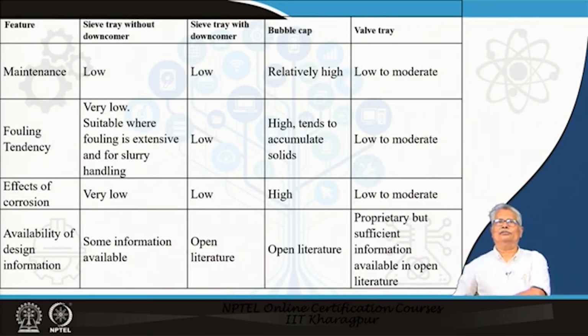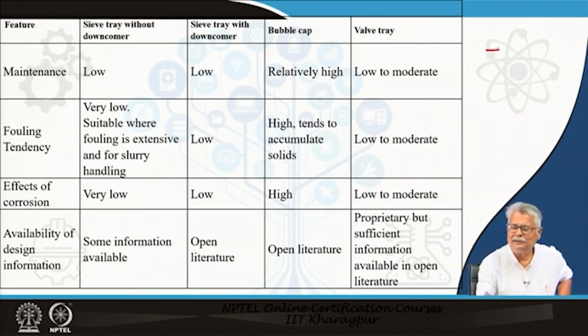Regarding maintenance, obviously the bubble cap has more components, so it will require the highest level of maintenance, and valve trays have a moderate requirement of maintenance. Very often the legs are the weakest part. So often you will find you have a valve tray here which goes like this, and it gets blown off.